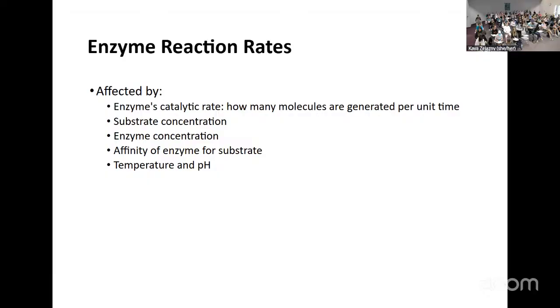Then we also have to think about the affinity of our enzyme for the substrate. So how much the enzyme and the substrate like each other, how fast they bind together, how fast this enzyme substrate complex forms. Because we're going to find that some enzymes are really, really attractive to the reactant that they're helping catalyze in this reaction, but some enzymes aren't.